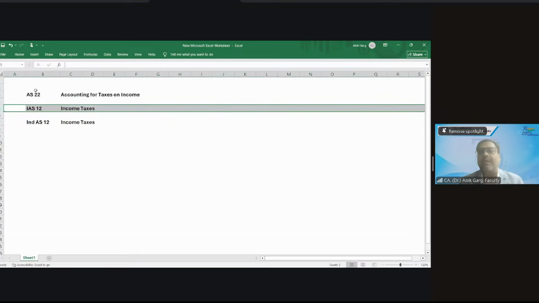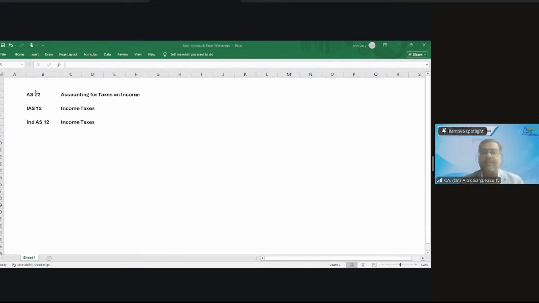And globally, in 160 countries, what is applicable? IAS 12, International Accounting Standard 12, is applicable globally. So let's begin the journey on Ind AS 12 Income Taxes, right? Any challenge?